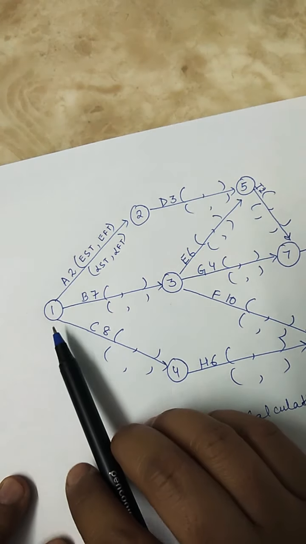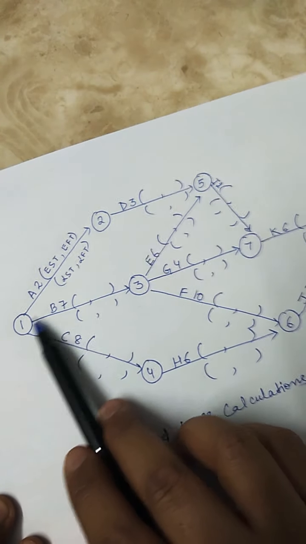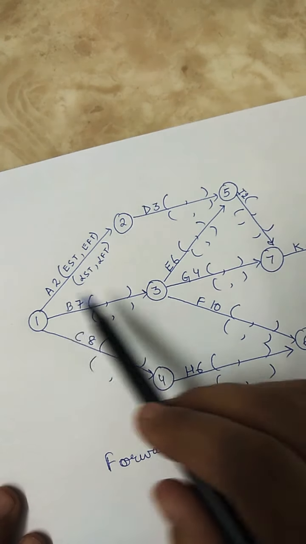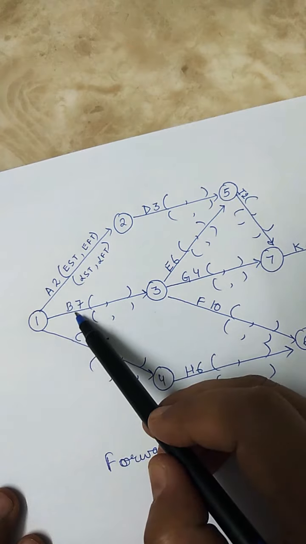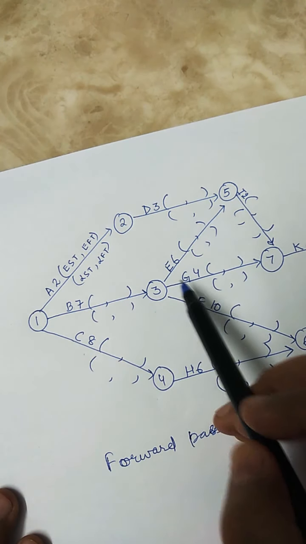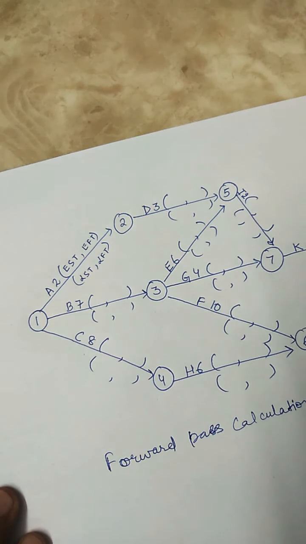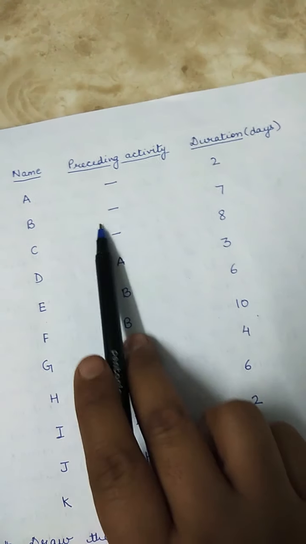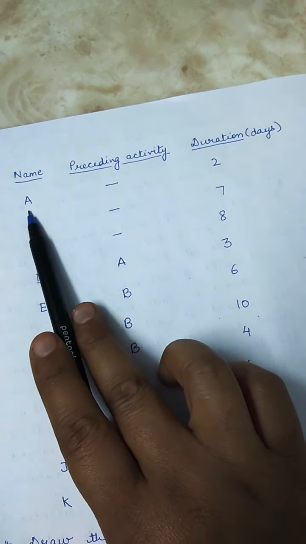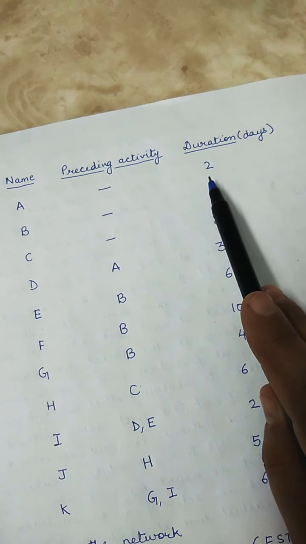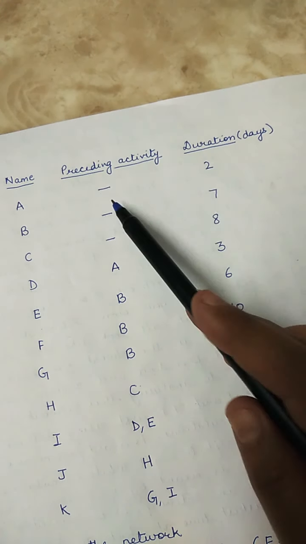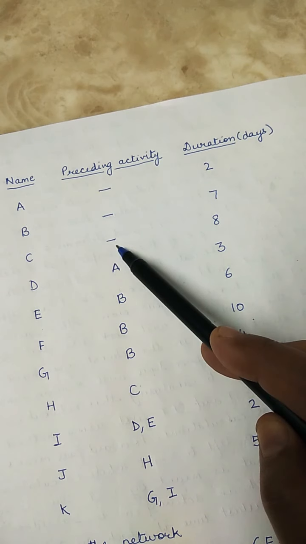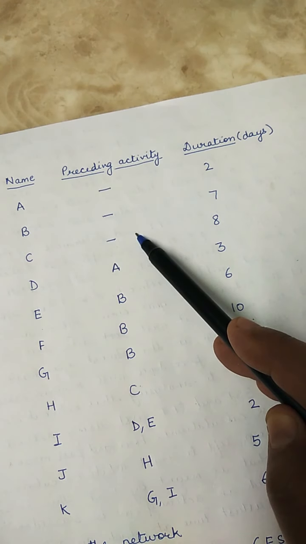Like I have built the network, you can see these are the activities A, B, C, D, E, F, G. This was the question given to you, and to complete activity A, time taken is 2 days, and these are the starting activities because there are no preceding activities.